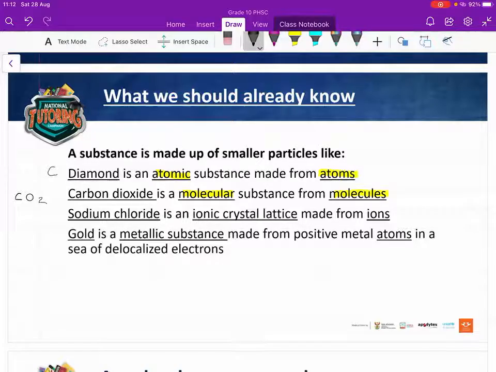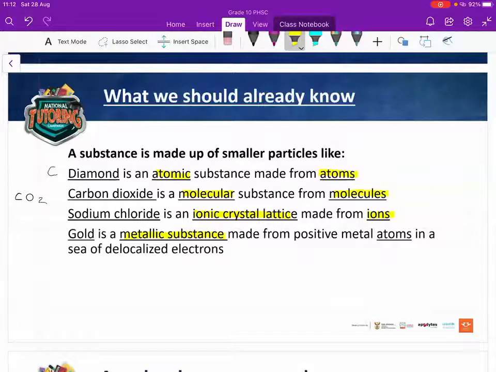Sodium chloride is an ionic crystal lattice, and it's made from ions. Sodium chloride is salt that you put on your food, and there are lots of different types of salts. But we call it ionic crystal lattice because it's made from positive and negative ions. And then gold. Gold is a metallic substance. Metals are in a separate category, all the metals, zinc or magnesium or calcium.